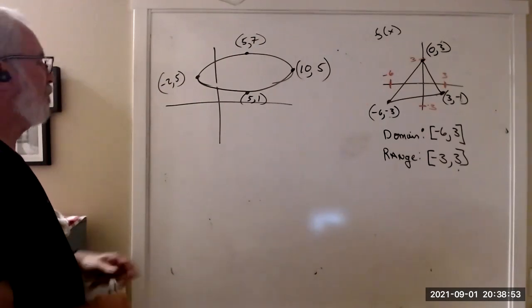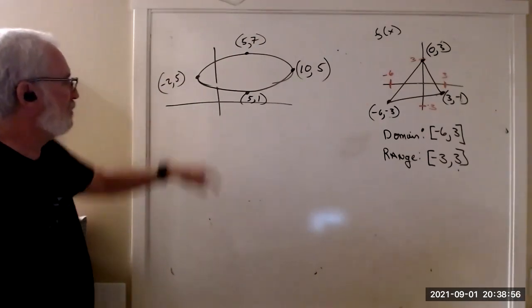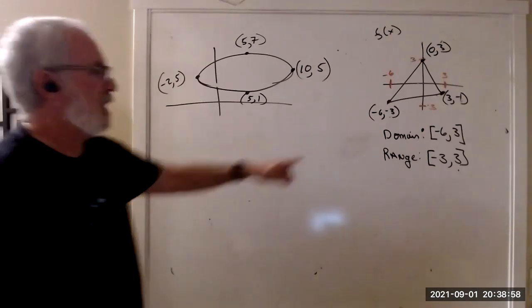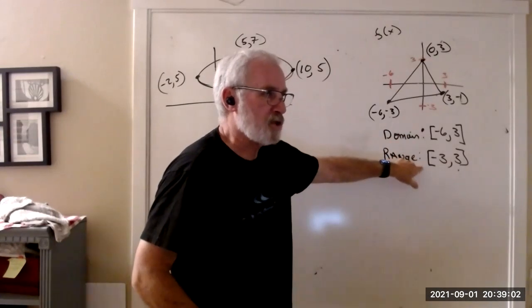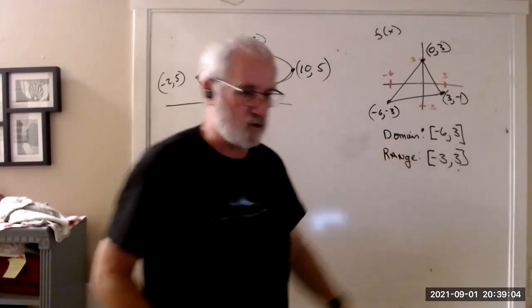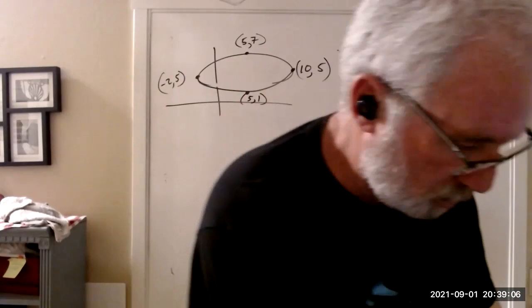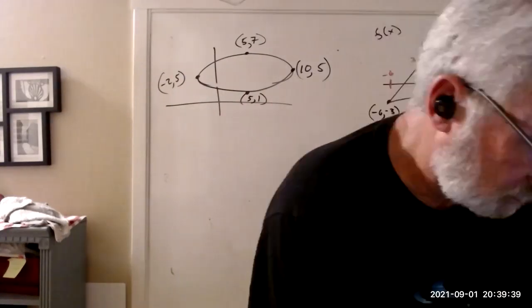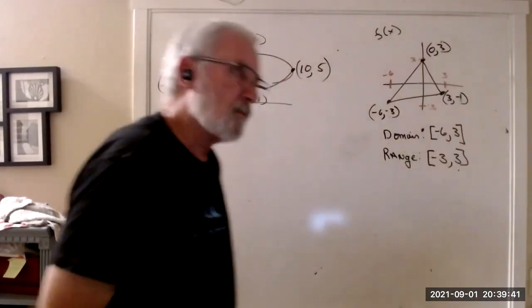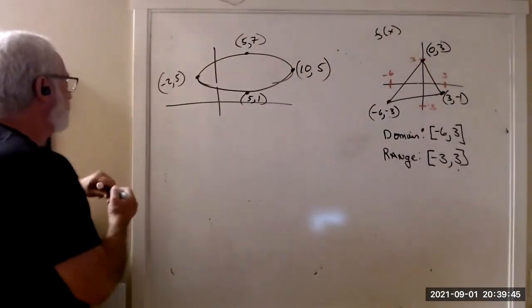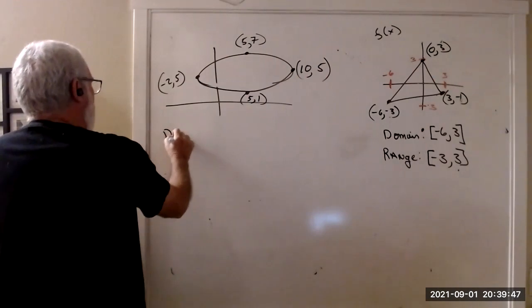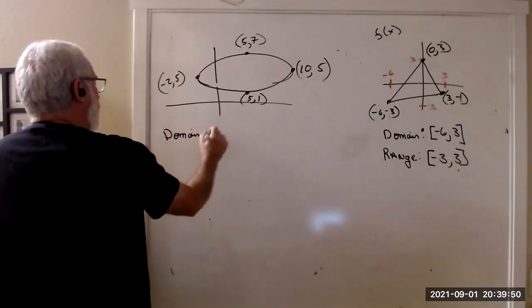Okay, so take a second to see if you can come up with an interval notation that represents the domain and the range. Okay, anybody want to take a shot on the domain? -2 to 10.